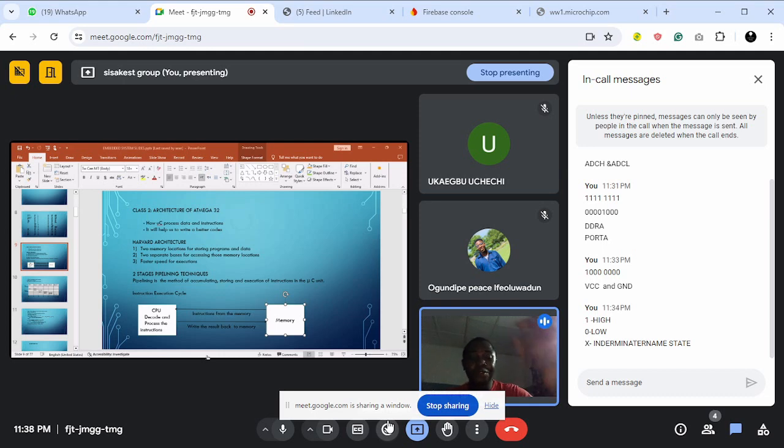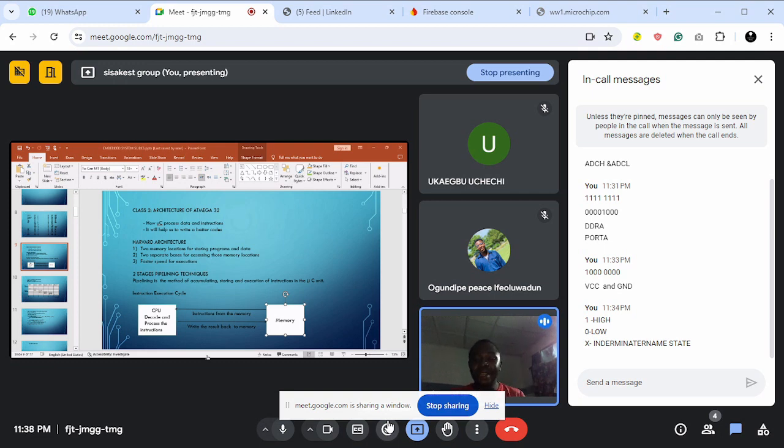So you have to first fetch instructions, then decode the instructions, understand them, know the register to work on, then execute the instructions. So you have to do that step by step.